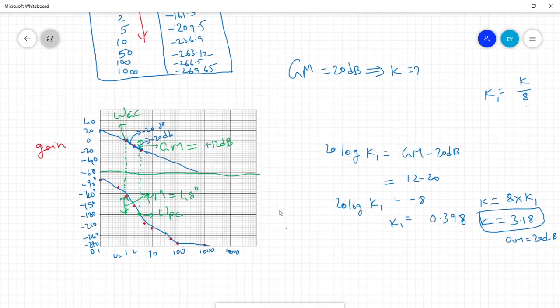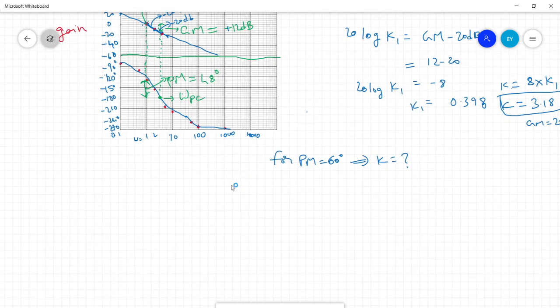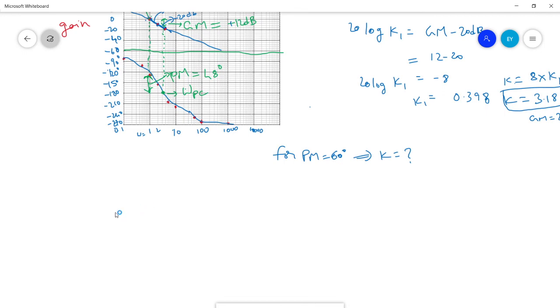And the second problem they asked is to compute the K value for phase margin equal to 60 degrees. From the Bode plot, the actual phase margin we got is 48.